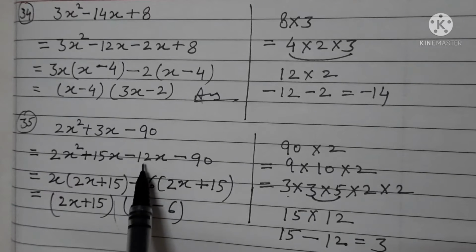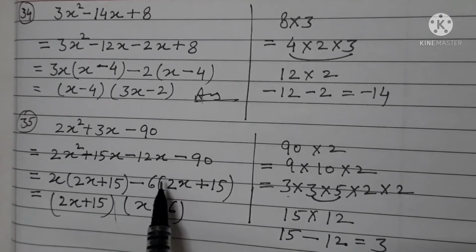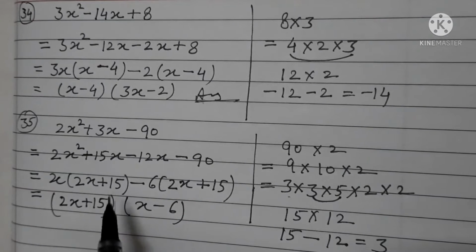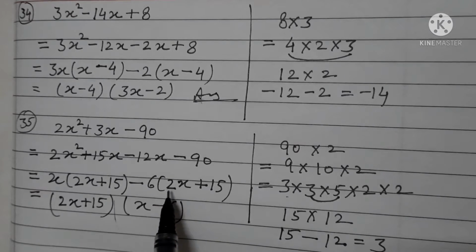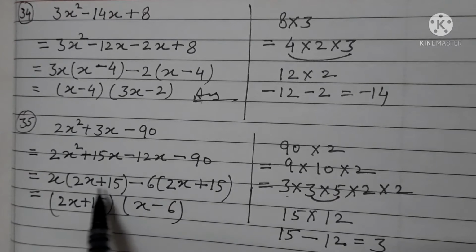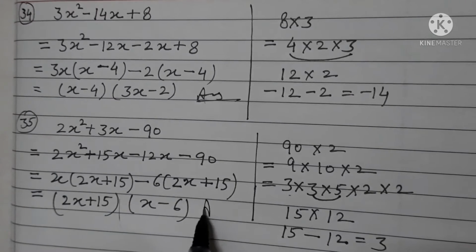So you can take 15 common, and 15 6s are 90. So any method you can use, or this is one of the ways to get the bracket. So see, the factor comes before. Now get the answer.